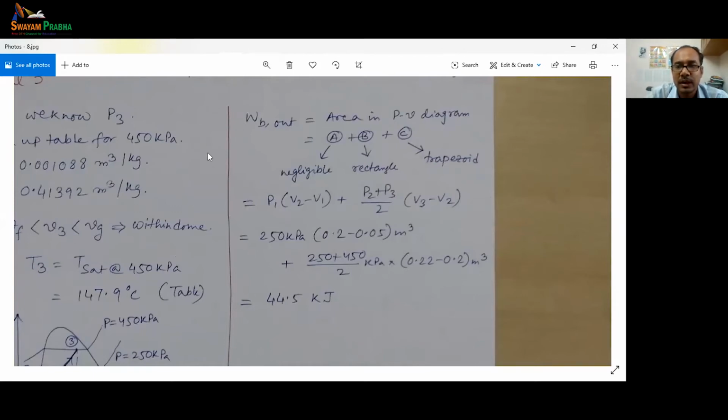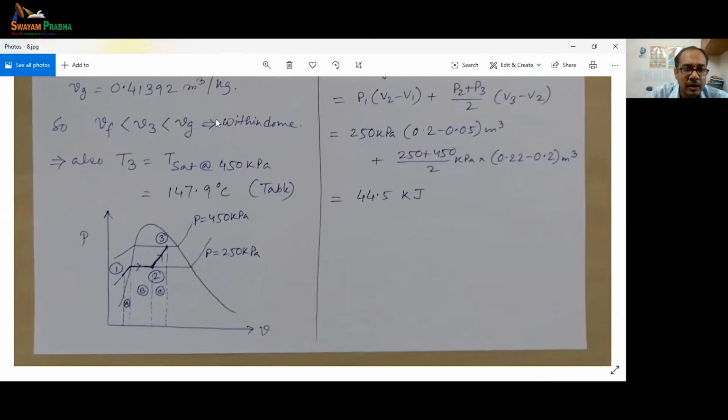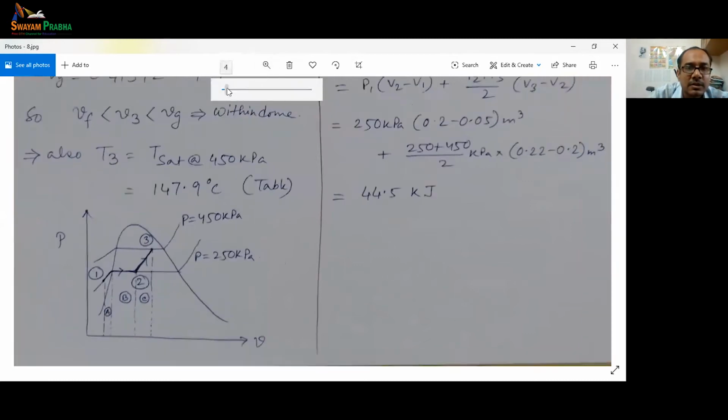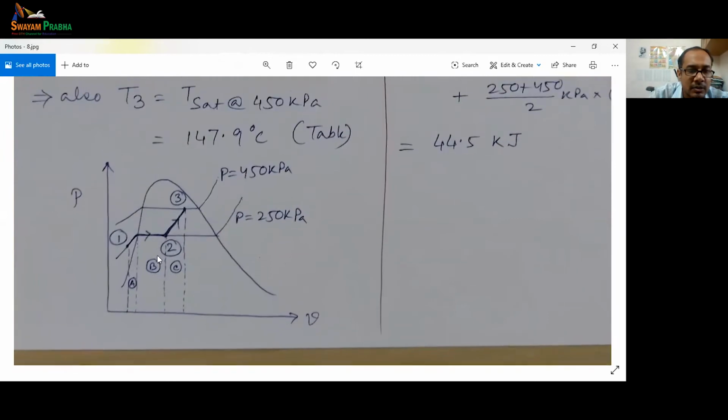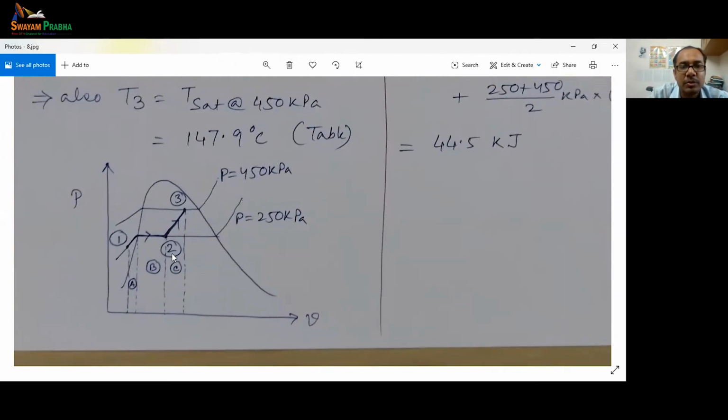Now it is also asked what would be the boundary work. So you are putting heat in and you are getting some boundary work out of it. So this total boundary work will be the area in the PV diagram, right? Here we see that there are 3 portions. The area under the curve from 1 to 2 to 3 will be the total boundary work out. We can divide this whole area under the curve into 3 portions.